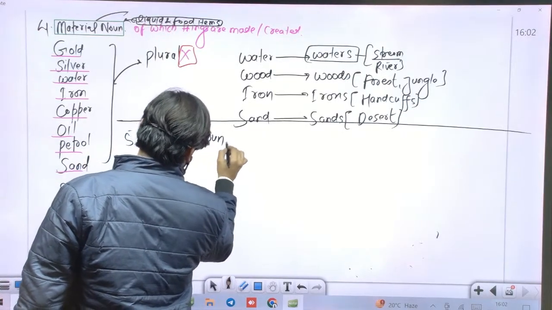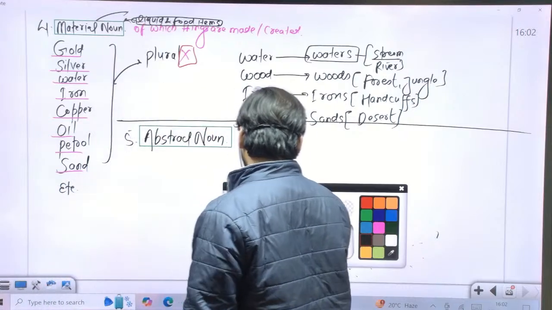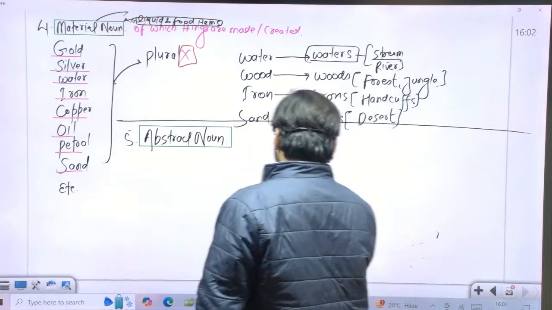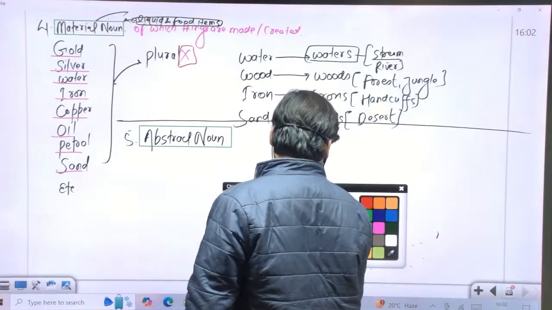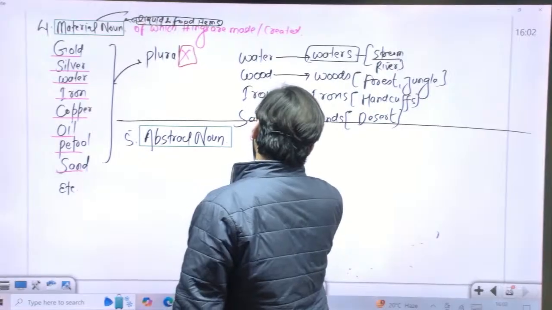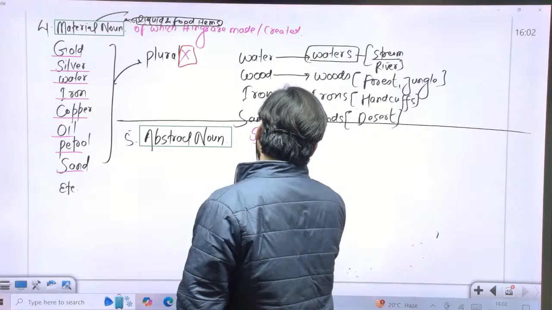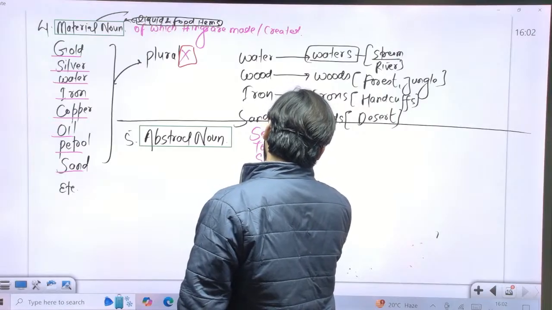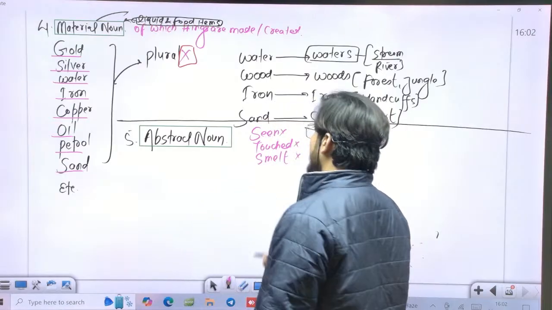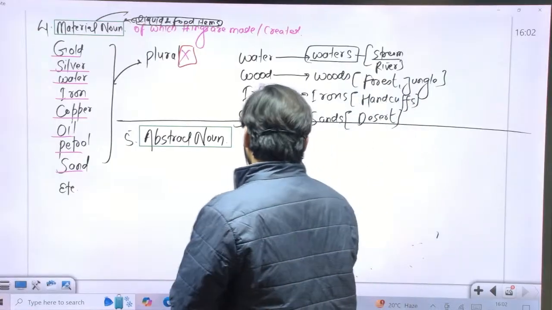Abstract nouns are the nouns which cannot be seen, touched, smelt, right?